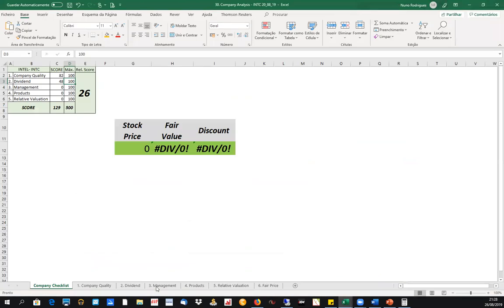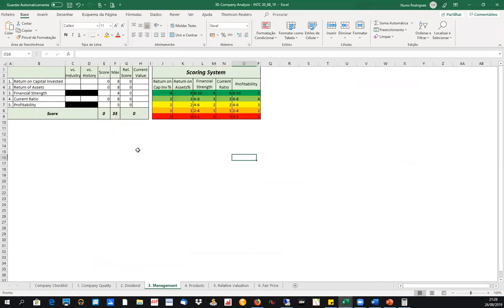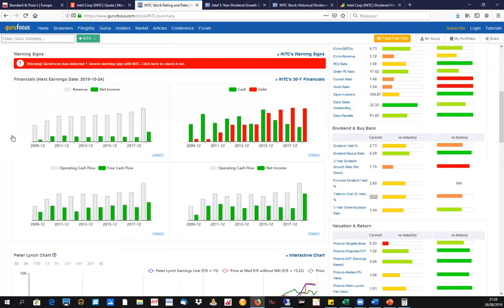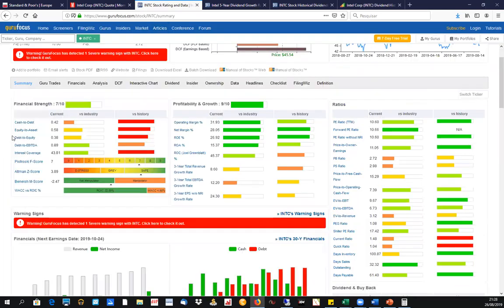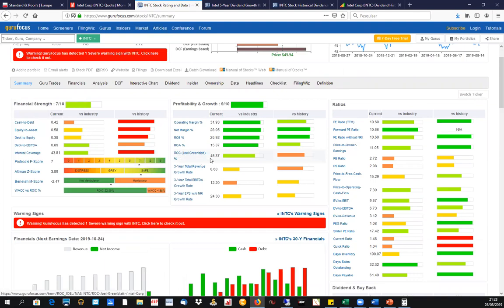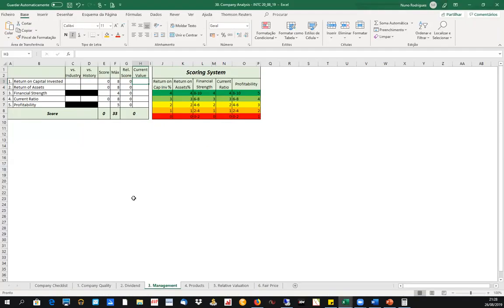Now let's take a look at management. Again, Guru Focus website. What is the return on capital invested? What's the current value? Here we have return on capital, 45.37.